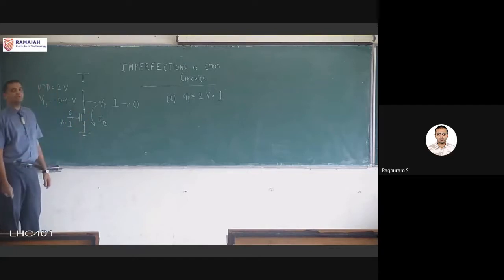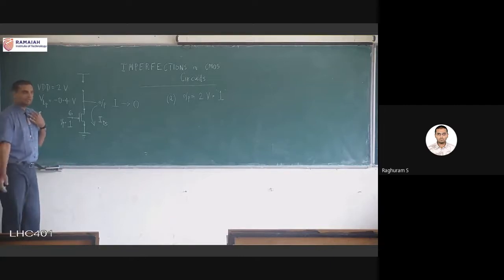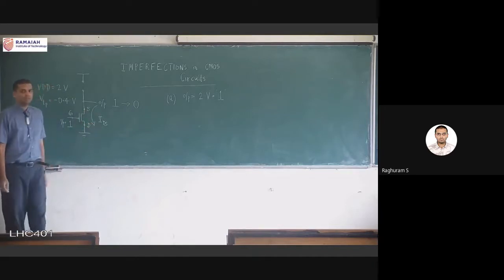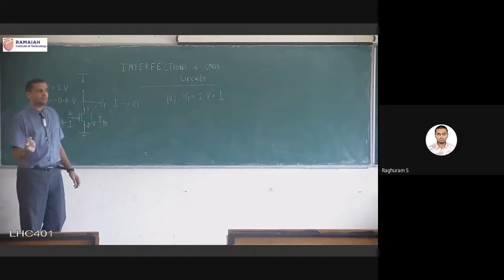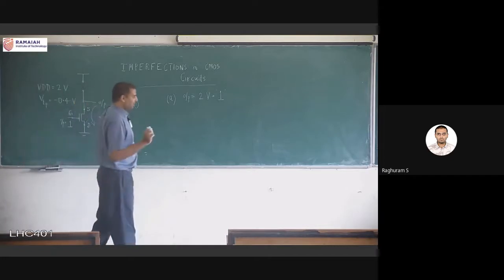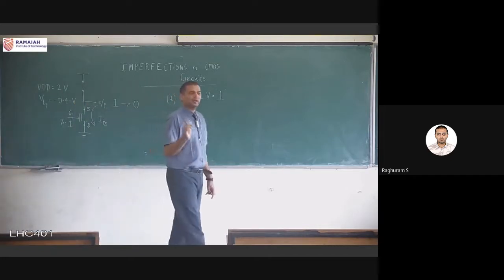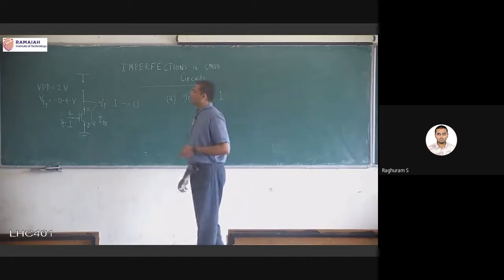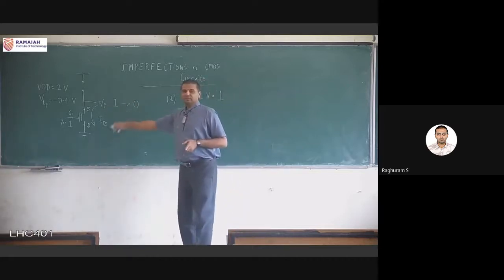Now, which is the source and which is the drain? We always said source is where the carriers start from, drain is where they reach. So they start from this terminal and they reach the bottom terminal. So arbitrarily in any circuit we cannot draw. Based on the current direction we have to mark the source and drain plus the device type. So in this case, based on our analysis, we have the 3 terminals of the transistor.